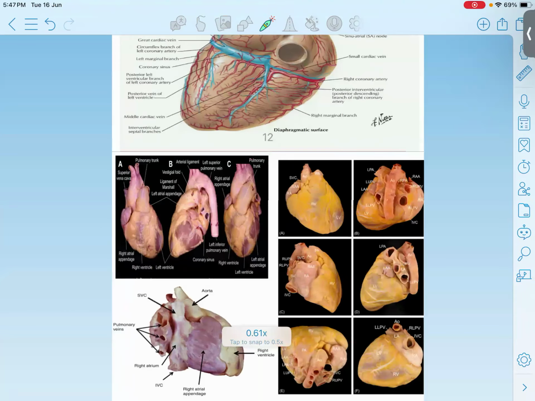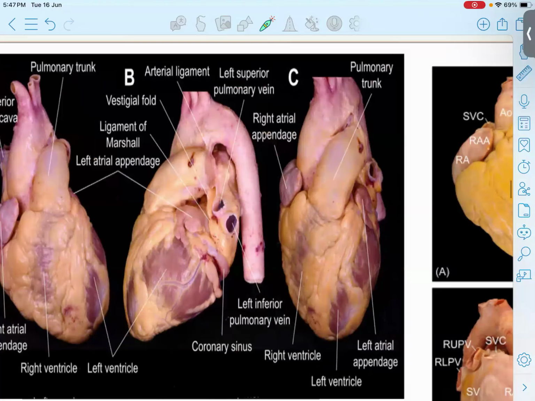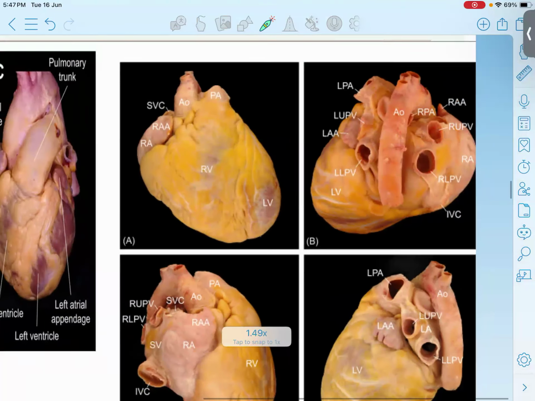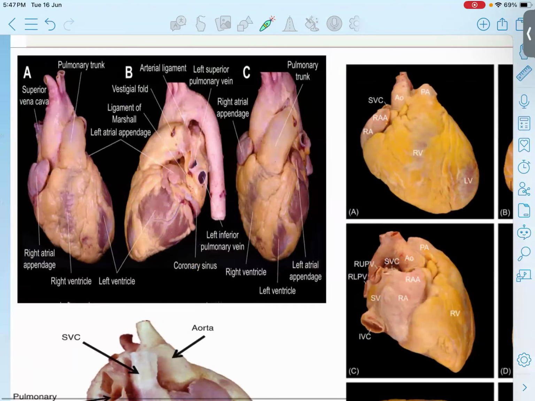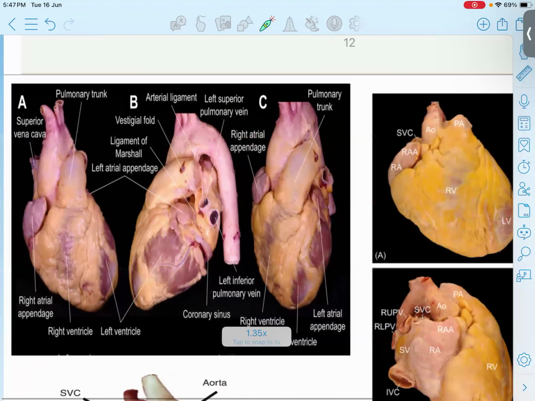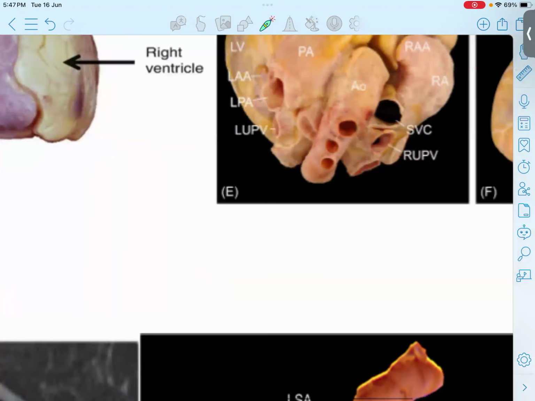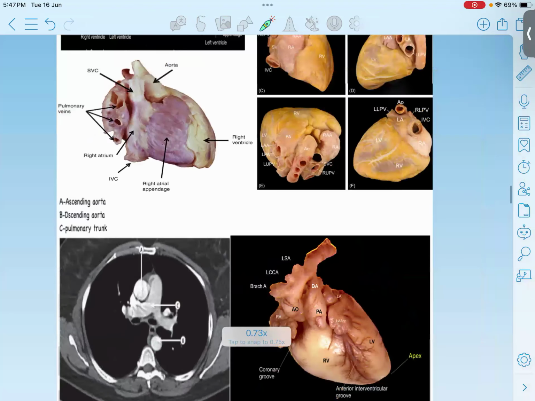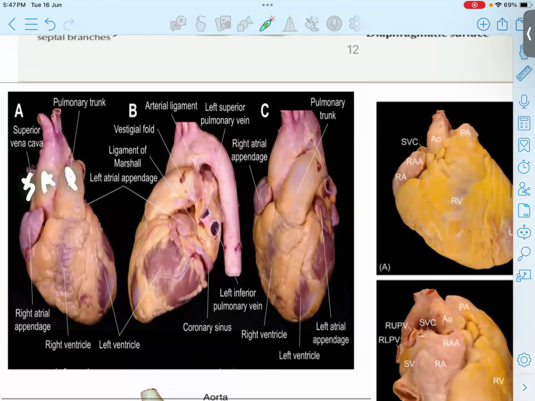See here, this image I have added for practice. As per I know, it is an exam image. You have to use the tips and concept. See here, SVC, superior vena cava, arch of aorta, ascending aorta, and pulmonary trunk, the spot-like structure.